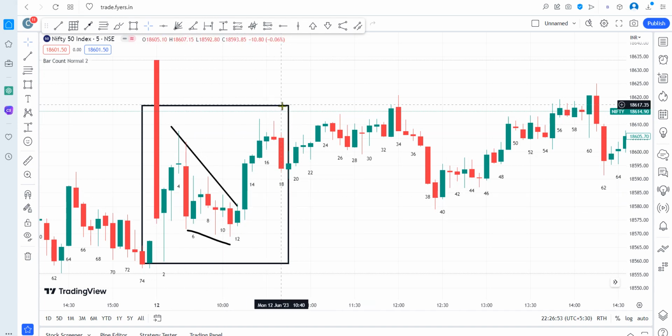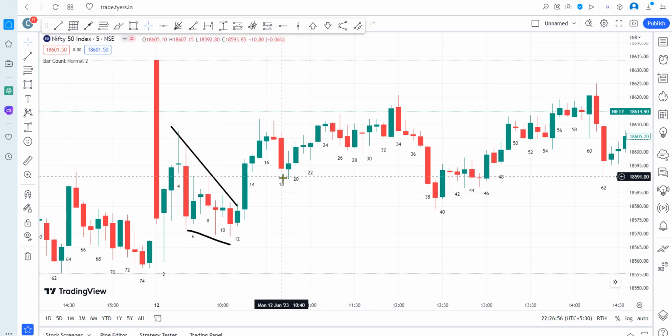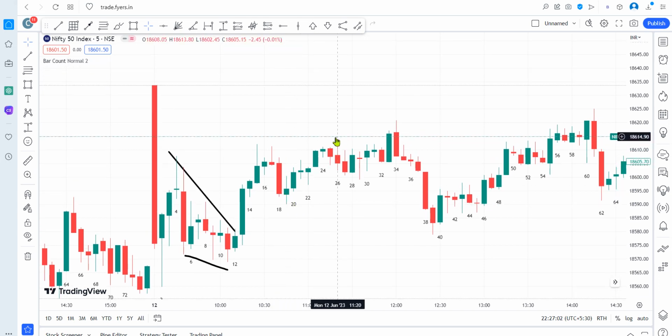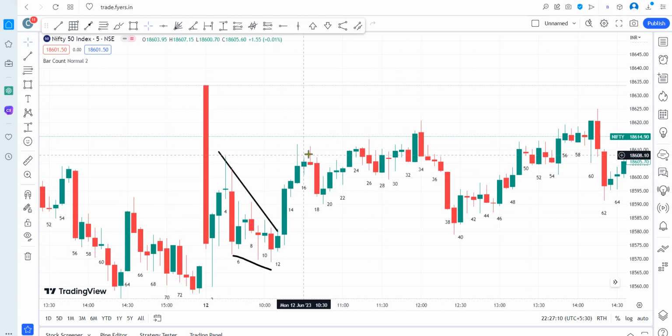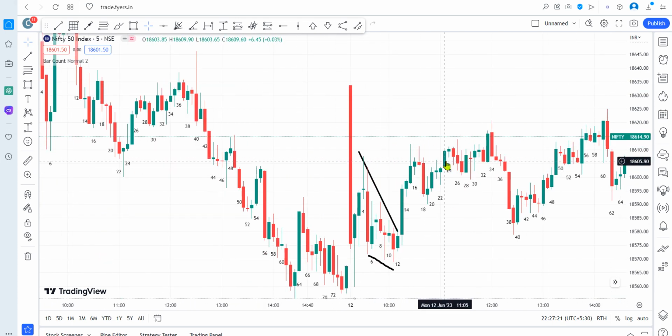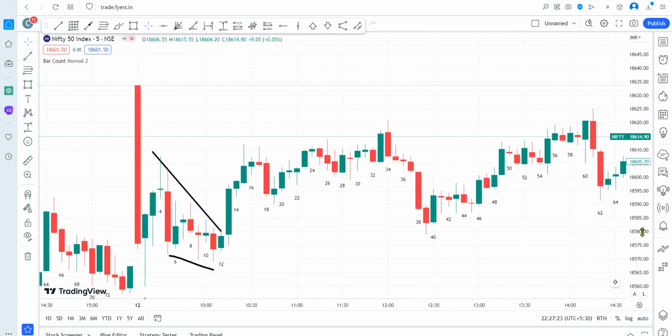I bought around the close of the 19th candle and hold it till the 26th candle, assuming that the second leg is over. But at the 26th candle and 28th candle, we observe that a bullish channel is created here.